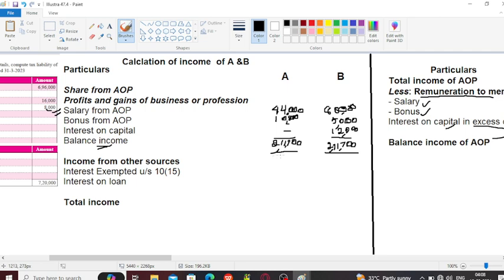That is, for Mr. A it is 2,65,700 and for Mrs. B it is 3,16,700.